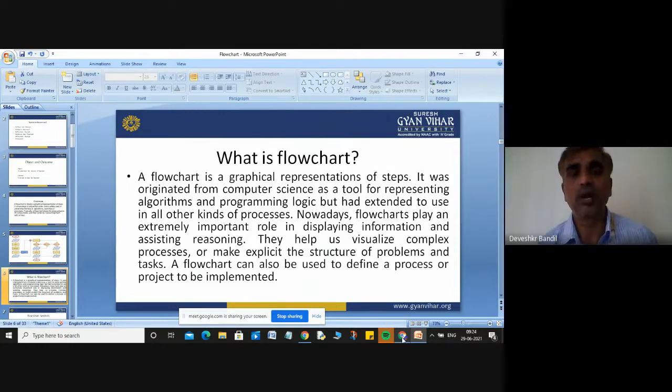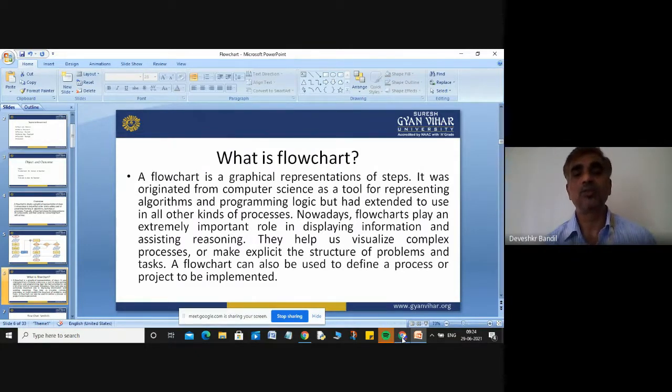Through the flowchart, you can understand the flow of your data and all your processes, visualize the whole process of your program or problem, and make explicit the structure of the problem and task.